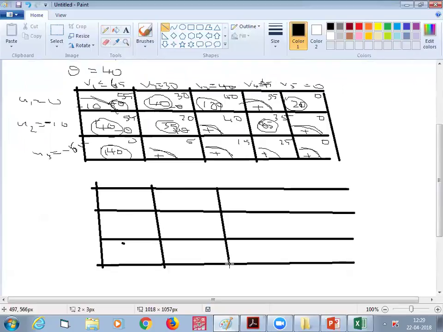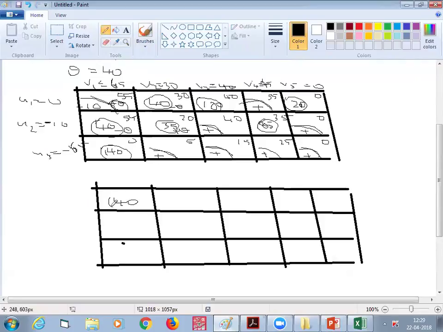Okay, so theta equals 40. Okay, let's push this aside. All right, so now this will get how much? 40.